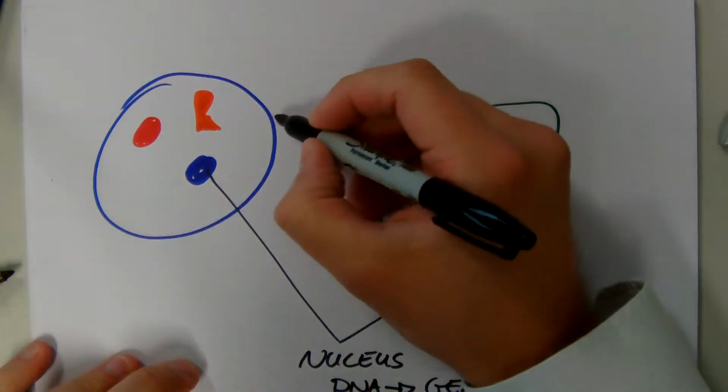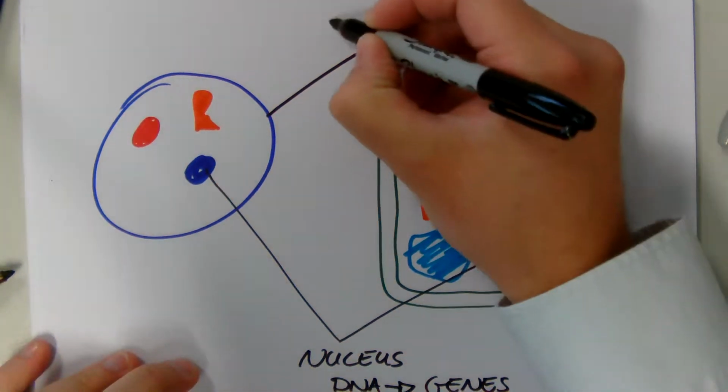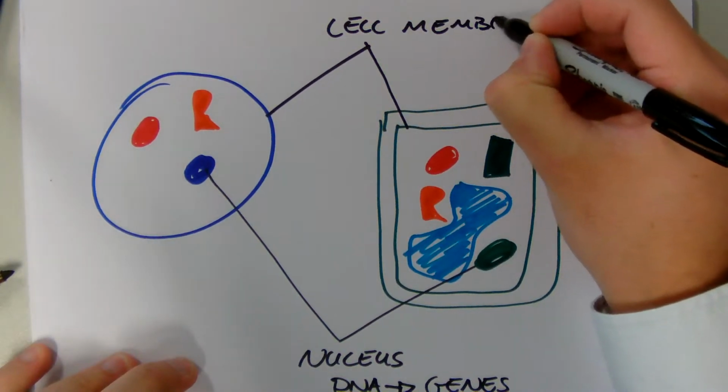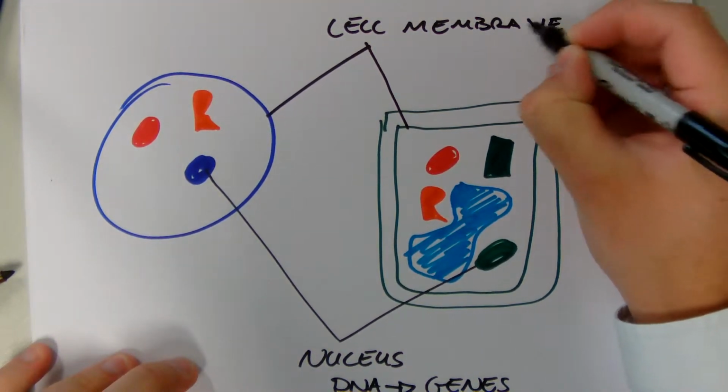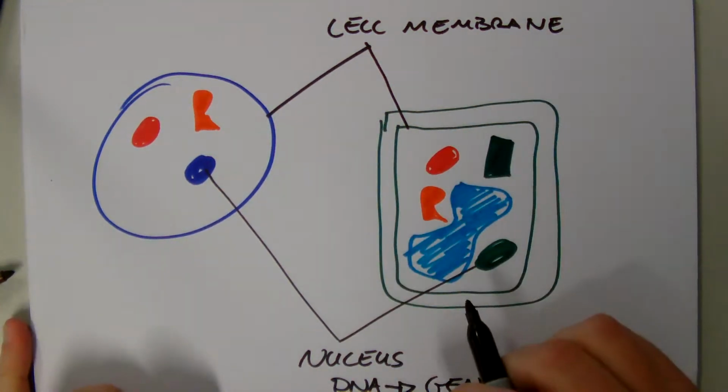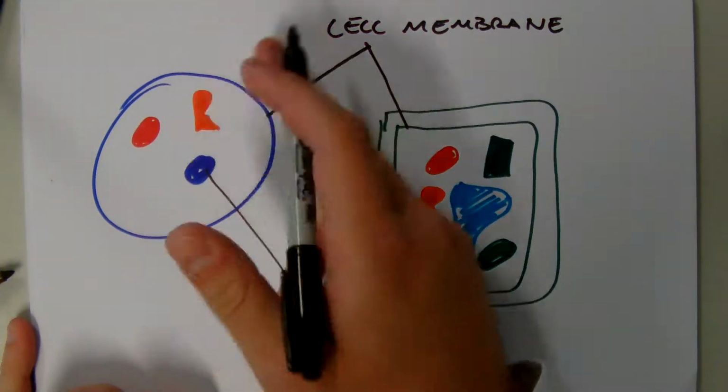The other bit that they both have, my cell membrane, is the barrier for the cell that allows things in and out depending on what they need. It surrounds the cell and it controls the movement of chemicals in and out of my cells.